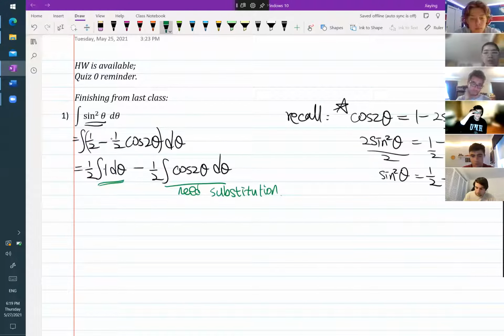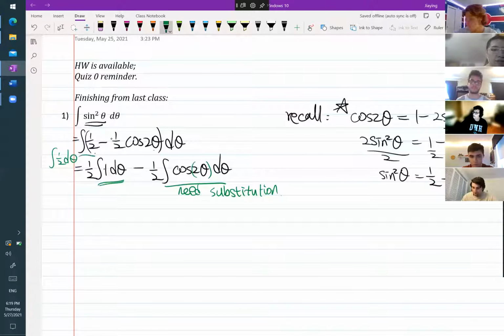So how do we substitute this? If you look at the cosine function, you have cosine 2 theta, right? So the inner function looks like a 2 theta. How do you get the first term? So the first term, I'm basically integrating each term there. So this term comes from integrating 1/2 d theta.